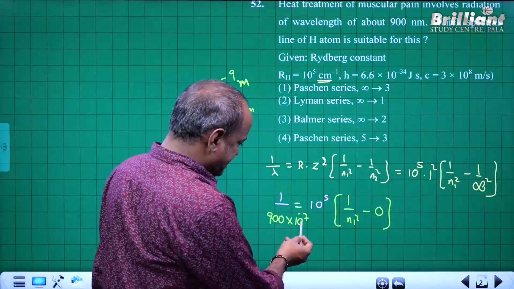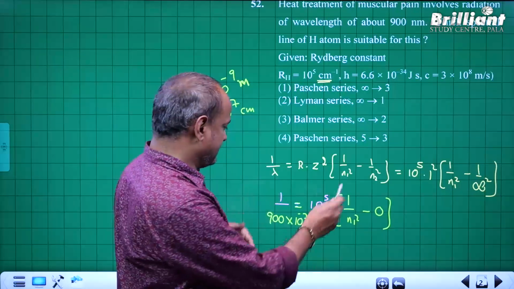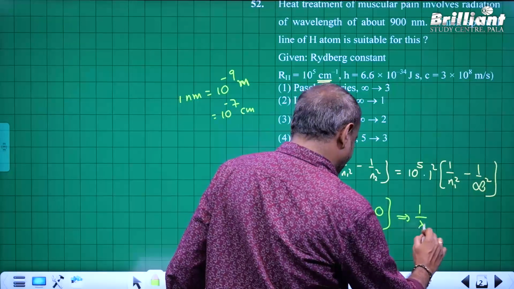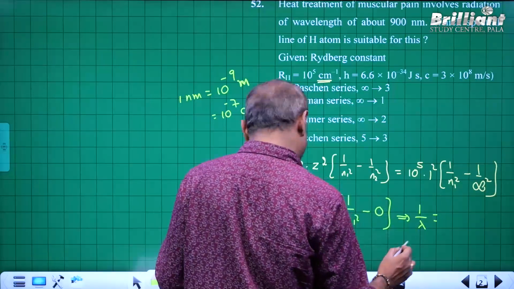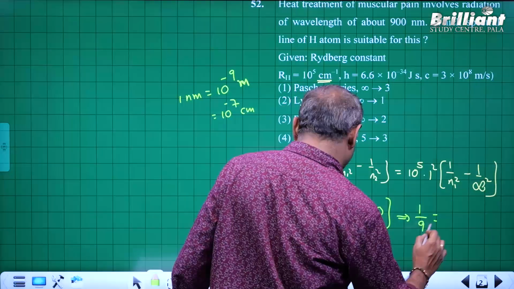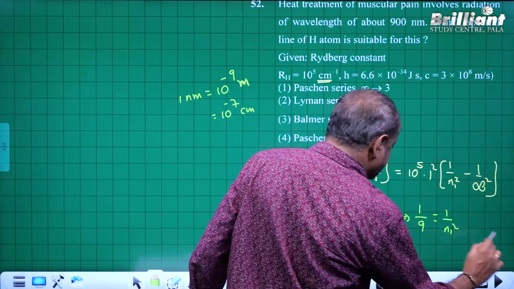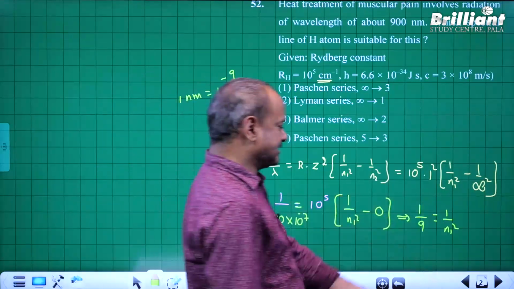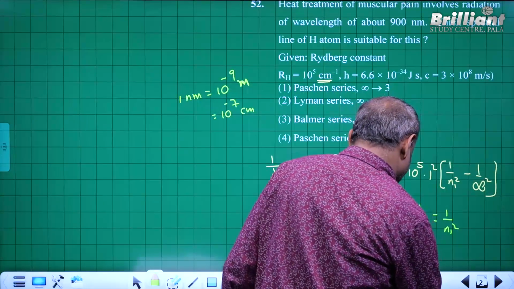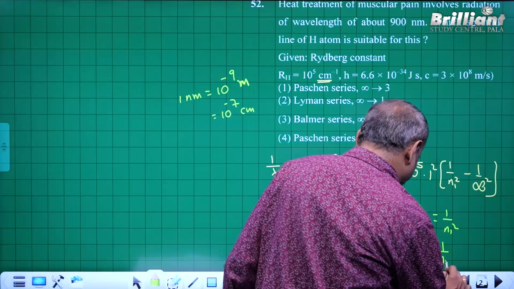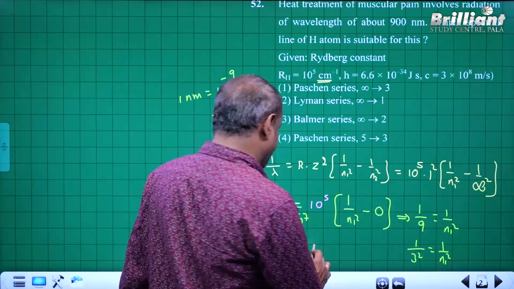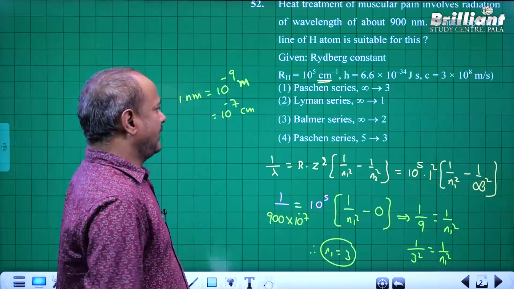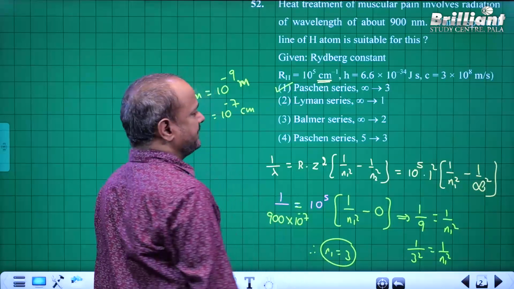So 10 raised to minus 5, the numerator becomes 10 raised to plus 5, cancel. 1 by 9 is equal to 1 by n1 square. 9 means 3 square. So 1 by 3 square equal to 1 by n1 square. Therefore, n1 is equal to 3. That means the Paschen series is the correct one.